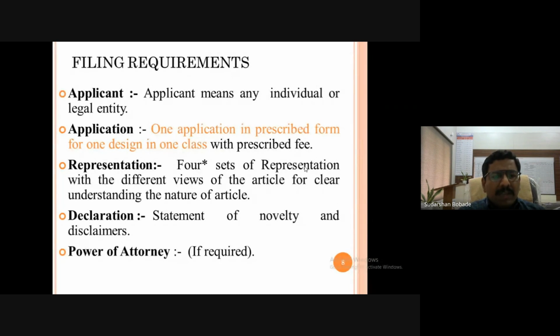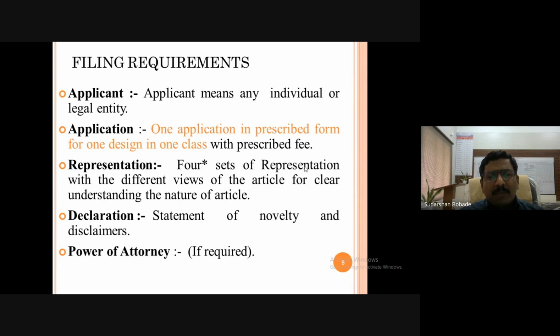Second one, in terms of the application, one application in prescribed form for one design in one class. Try to understand the meaning behind this particular statement. If I'm going for the design of a teapot, then there will be one primary class, there will be a secondary class out of that primary class, and for that I am supposed to go for that particular design for the teapot with the different views: the top view, front view, perspective view, side angle view.